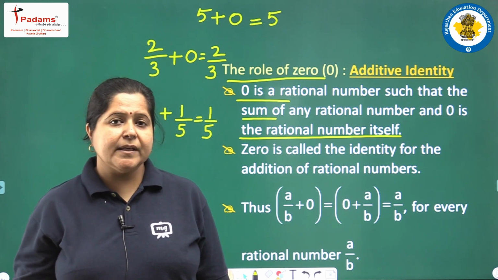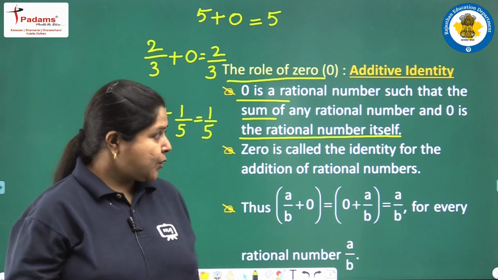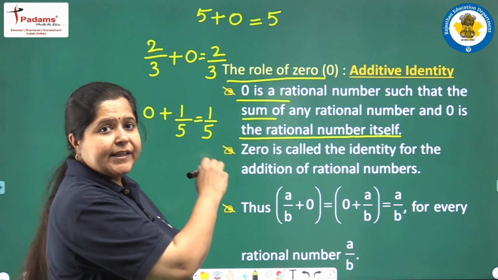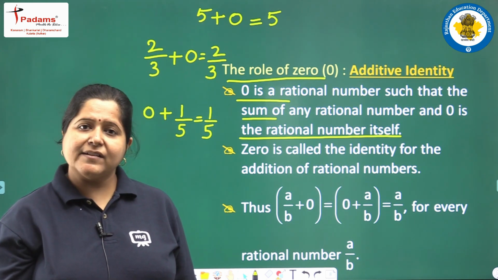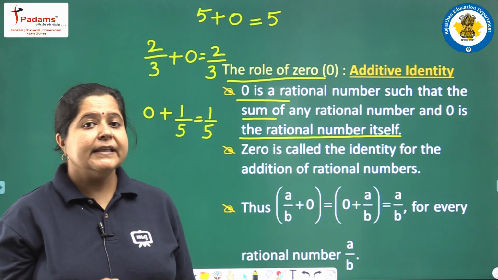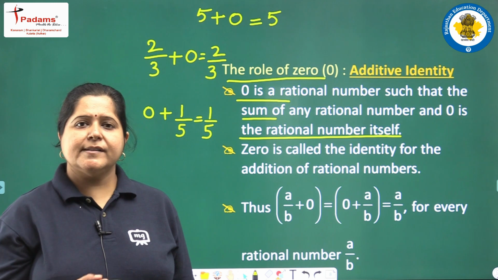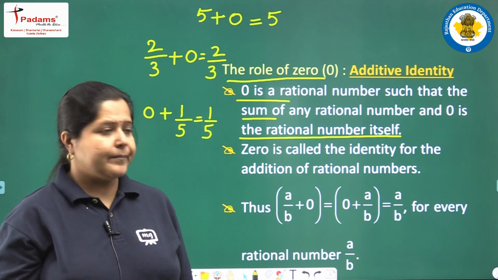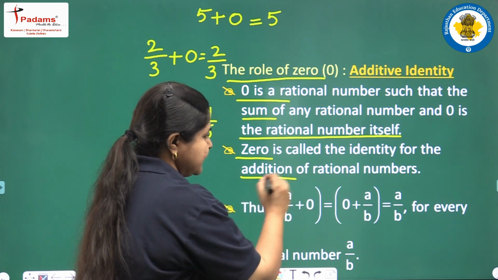By operate, I mean it may be addition, multiplication, subtraction, anything. So here when we add 0 to a rational number, we are again getting back the same rational number. Therefore 0 is additive identity because it is giving the result on addition. 0 is called the identity for addition.